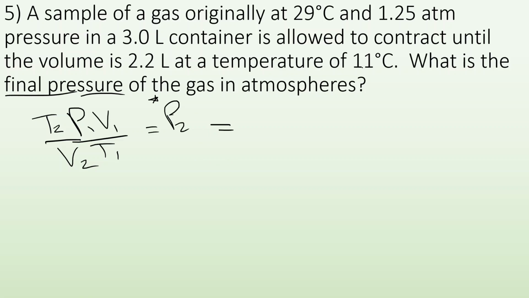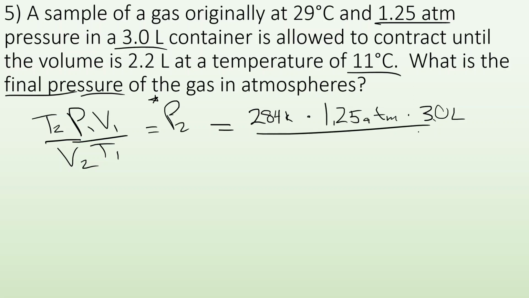My new temperature is 11 Celsius, which is 284 Kelvin, times my initial pressure, 1.25 atmospheres, times my initial volume, 3 liters, divided by my new volume, which is 2.2 liters, and my original temperature of 29 Celsius, which would come out to be 302 Kelvin.